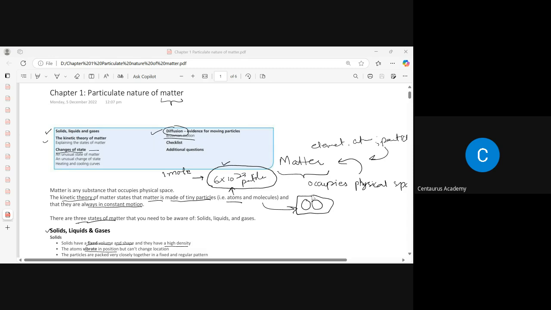Kinetic theory of matter states that matter, made up of tiny particles, could be atoms or molecules, is always in constant random motion. Is this point clear so far?